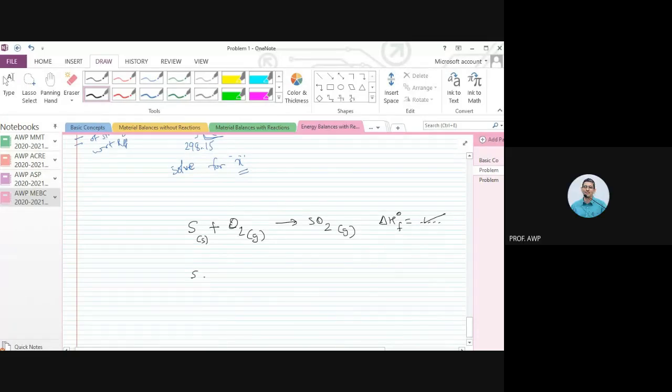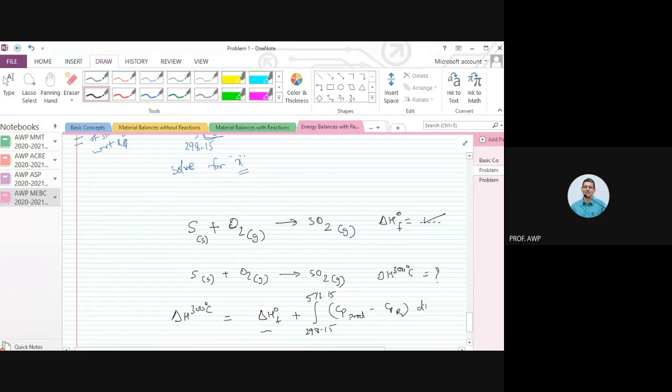Okay, sir. Suppose you want to find S plus O2 giving you SO2 gas. If you want to find this at 300 degrees centigrade, what will you do? So this delta H at 300 degrees centigrade would be equal to delta H0 at 25 degrees centigrade plus integral from 298.15 to 573.15 of Cp of products minus Cp of reactants into dT, isn't it?